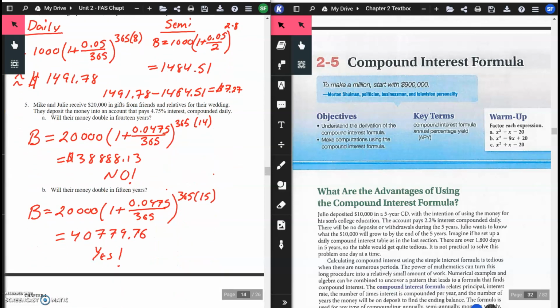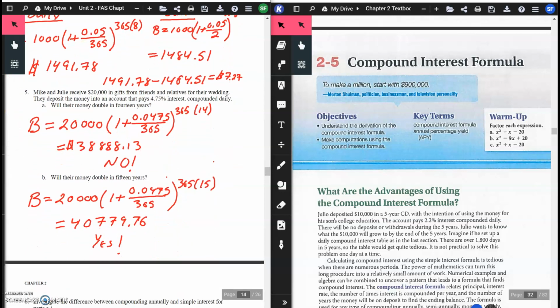Number 5, Mike and Julie received $20,000 in gifts from friends and relatives for their wedding. They deposit the money into an account that pays 4.75% interest compounded daily. Will their money double in 14 years? So $20,000 is your initial deposit times 1 plus the percentage as a decimal, 0.0475, divided by 365 because it's compounded daily.